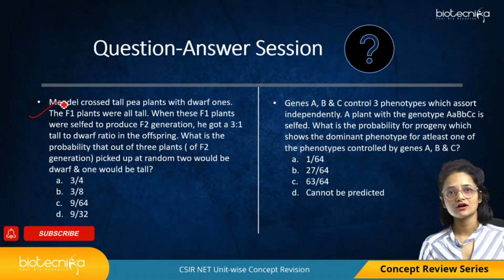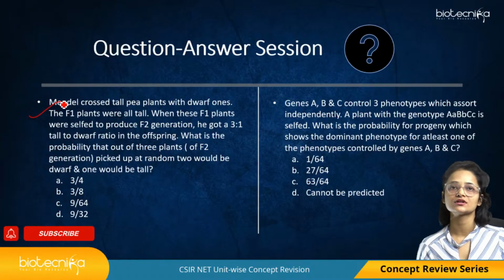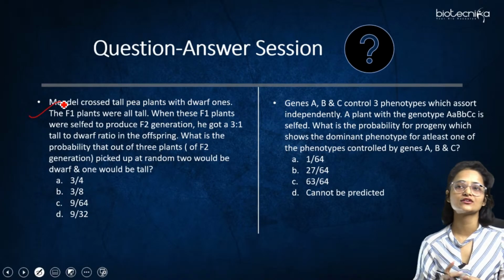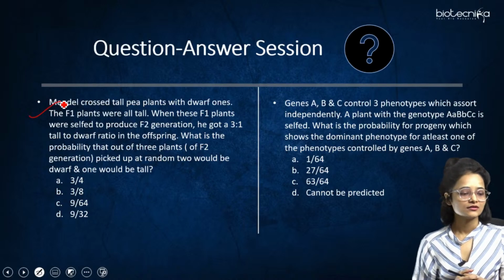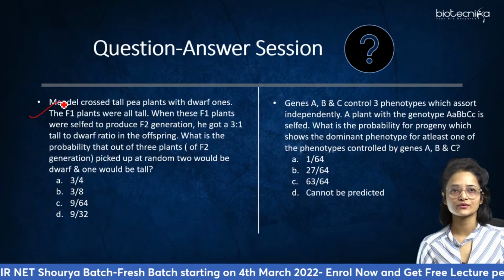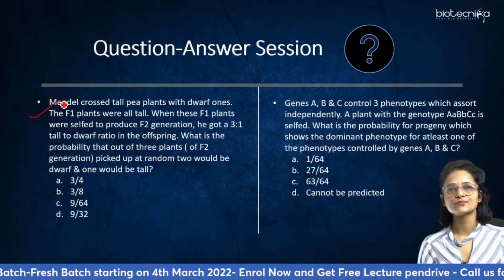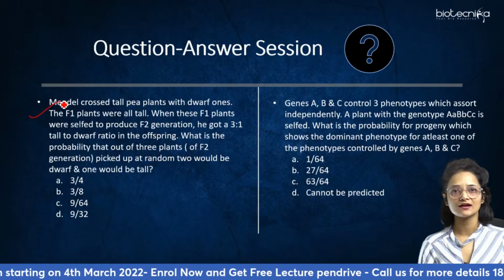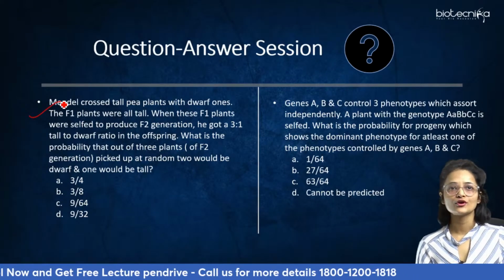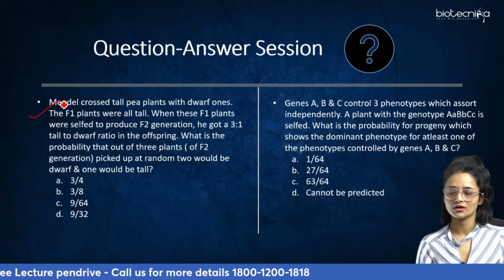When these F1 plants were selfed and the F2 generation was formed, he got a ratio of 3:1, tall to dwarf. Then it asks: what is the probability that out of 3 plants of the F2 generation picked at random, 2 would be dwarf and 1 would be tall?